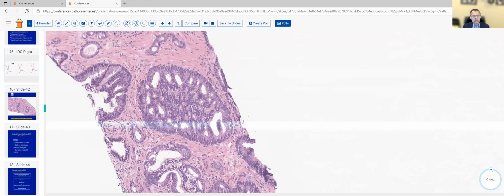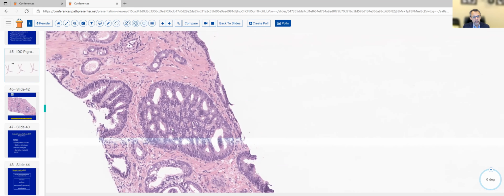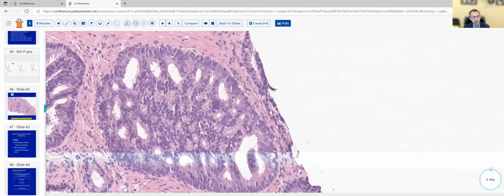Another thing to notice is that the proliferation within these atypical cribriform glands is clearly dense in nature. What I mean by dense is that the cytological proliferation accounts for greater than 50% of the luminal space. Also note the atypical cytology and amphophilic cytoplasm, the features that we talked about.